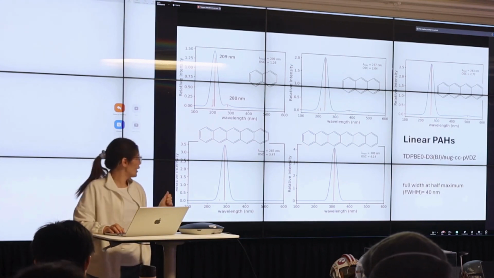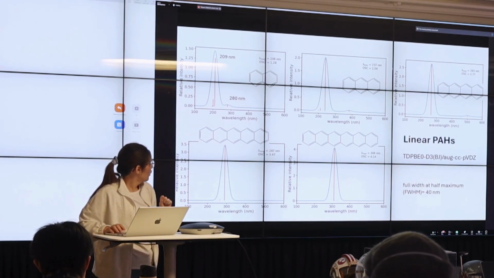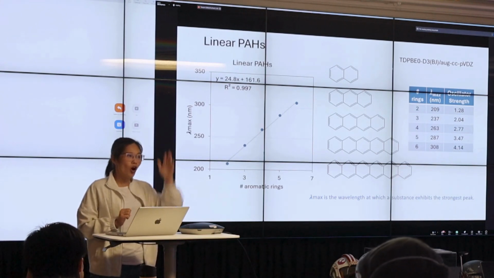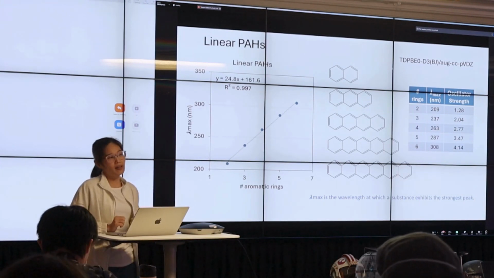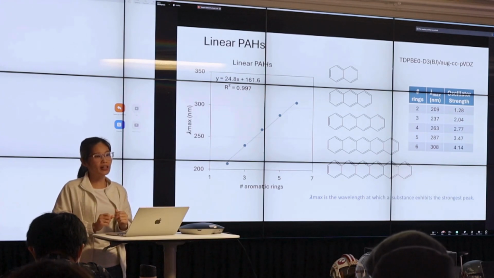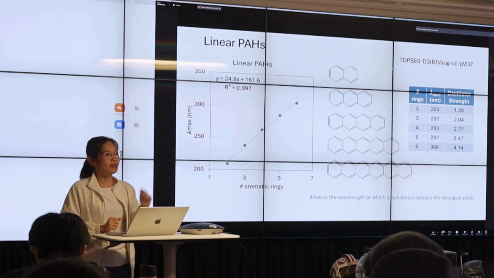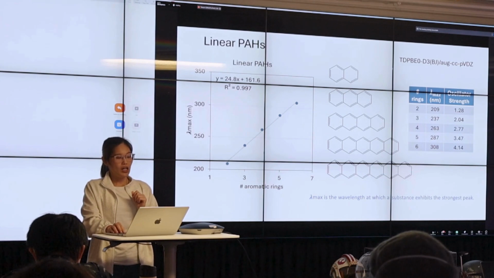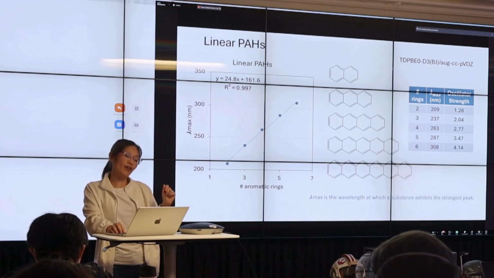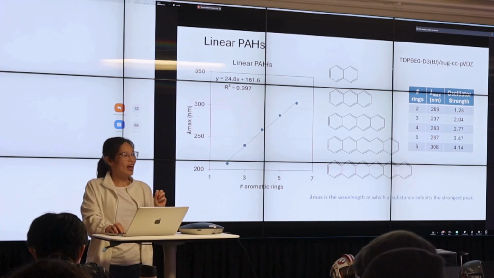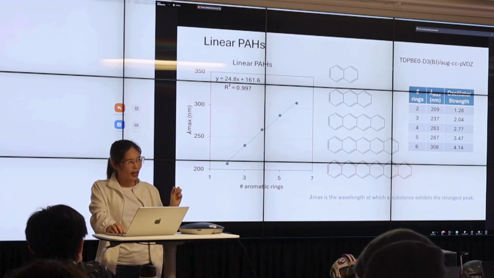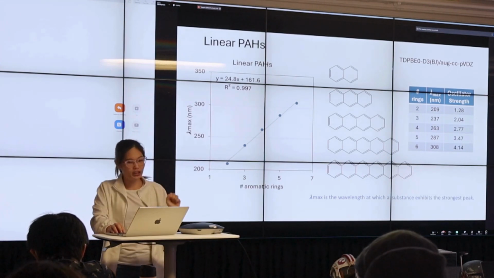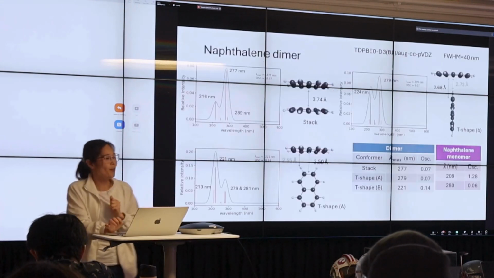If I look at the data closely and collect the lambda max, which is the wavelength that provides the highest peak, we can see there's a linear relationship: the lambda max increases as the number of rings increases. After I understood that the computation is reliable for the free PAH, it was time to study the complex.